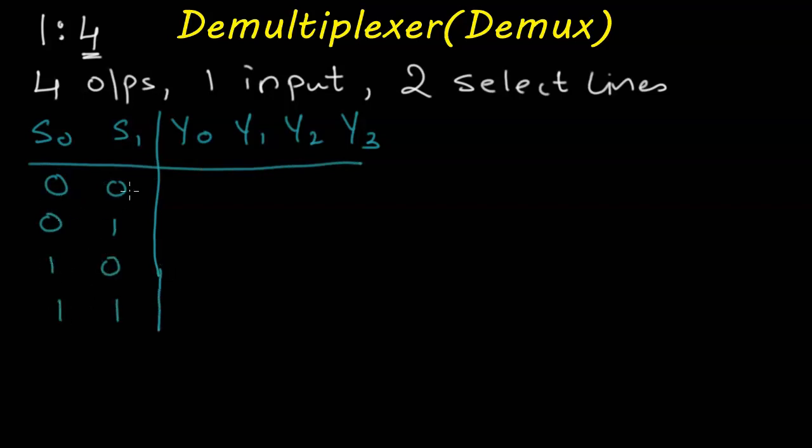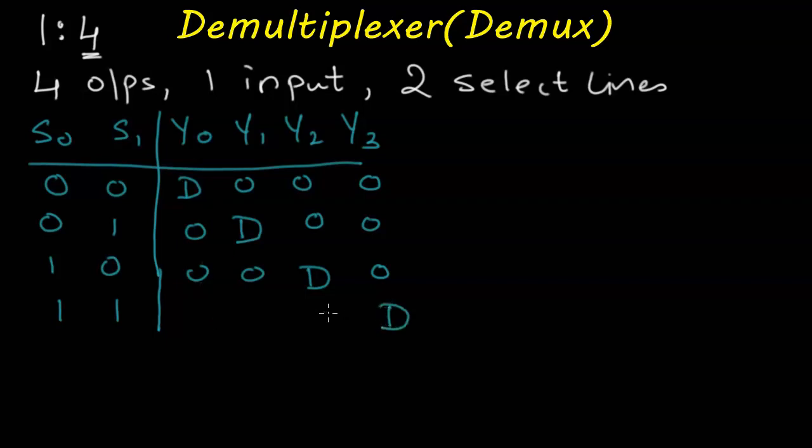When it's 0 0, Y0 is going to have my input D and the other outputs get a 0. Similarly at 0 1, Y1 is going to have my D and the others get a 0. At 1 0, Y2 gets my input D, and at 1 1, Y3 has my input D, and all the rest of my outputs have a 0.